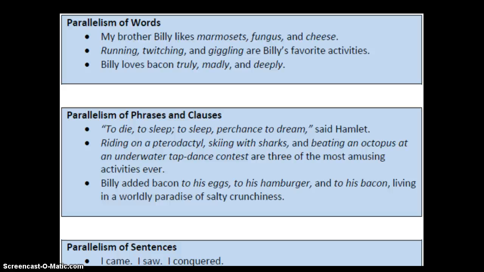To die, to sleep, perchance to dream. That's actually a famous line from Shakespeare's Hamlet. Lastly, we can have parallelism of entire sentences. I came, I saw, I conquered. Notice that each sentence follows the same pattern, I followed by a verb.